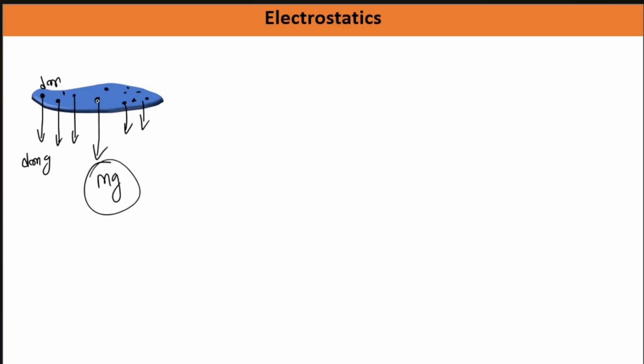Most often center of gravity and center of mass coincide, and they will coincide as long as the gravitational field is uniform, right? If it is uniform, they will coincide.